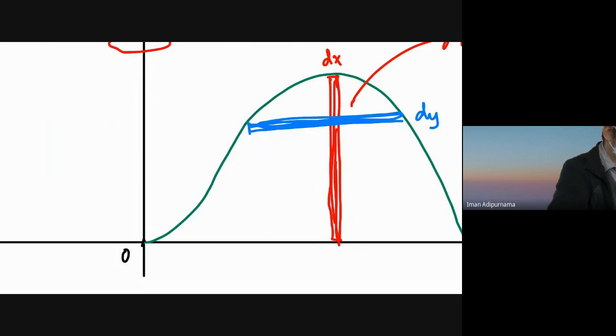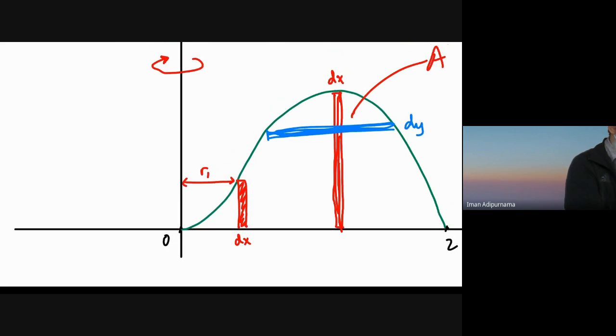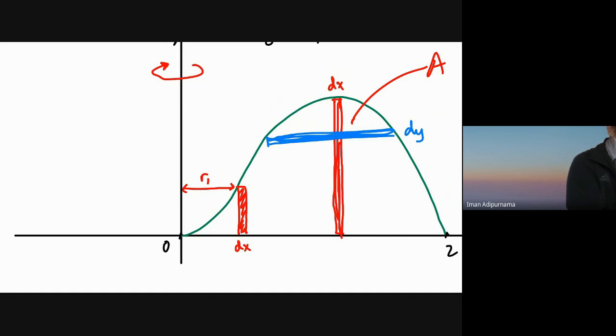So if you rotate through the y-axis, let's say here, to make it easy to follow, this is our dx, and let's say this is our r1. If you rotate this, this is how the volume is supposed to be.